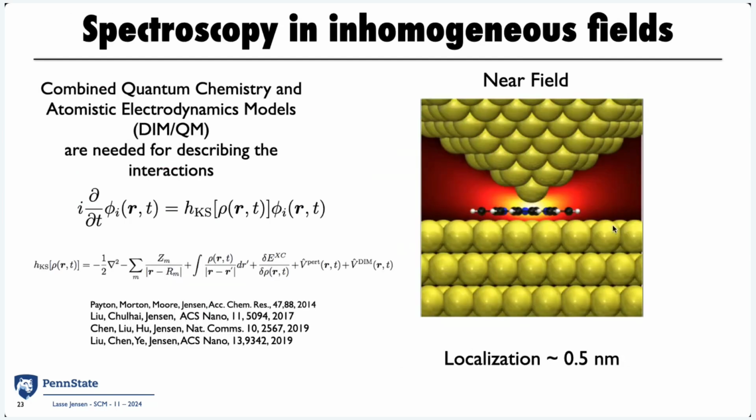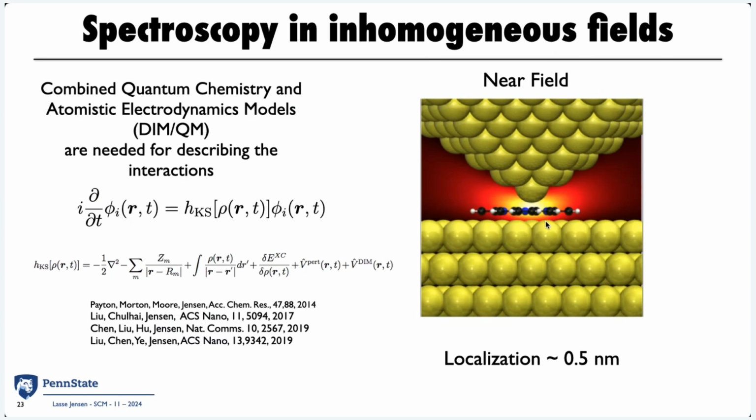The nice thing about this DIM-QM model is that it treats the nanoparticles atomistically. So in principle, we could just take these calculations, scan over the molecule, and calculate the Raman spectrum at each position. And since the coupling of this electromagnetic field is done self-consistently, we should be able to generate these types of images.